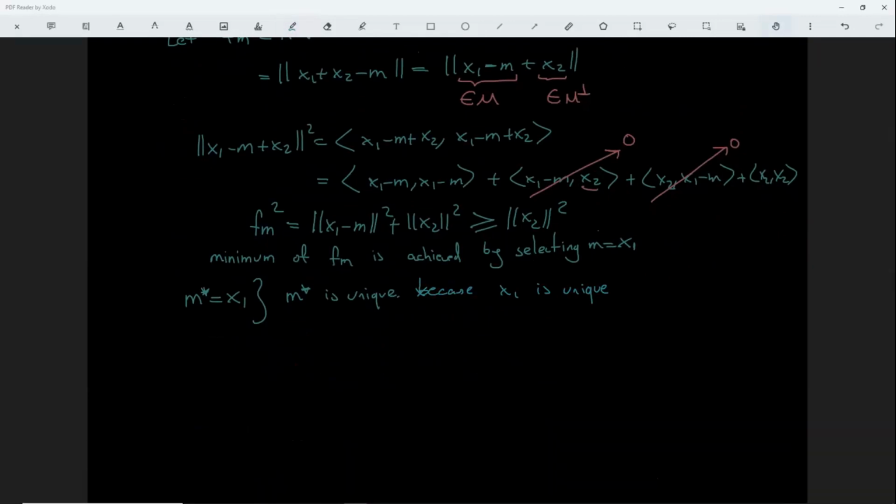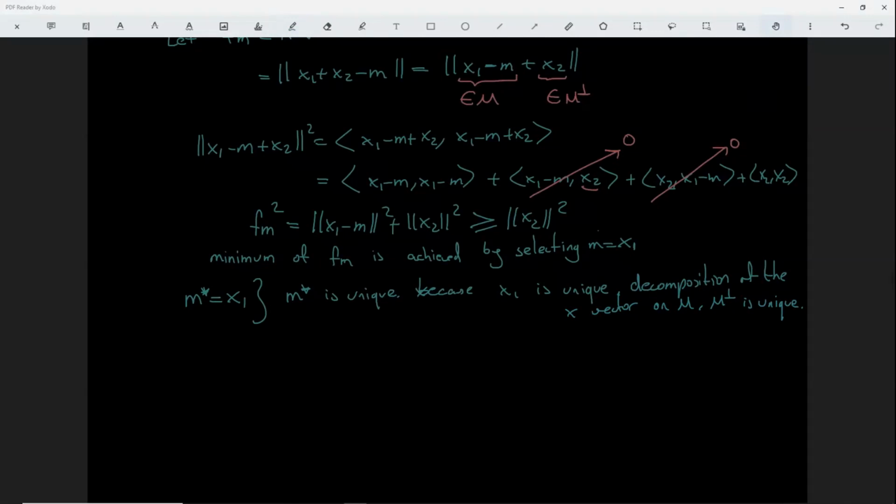Because the decomposition of the x vector on M and M orthogonal complement is unique.